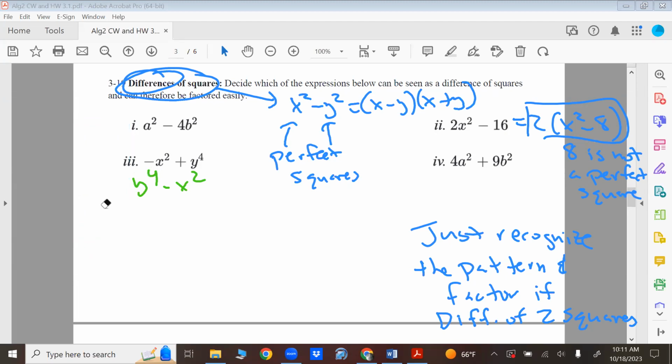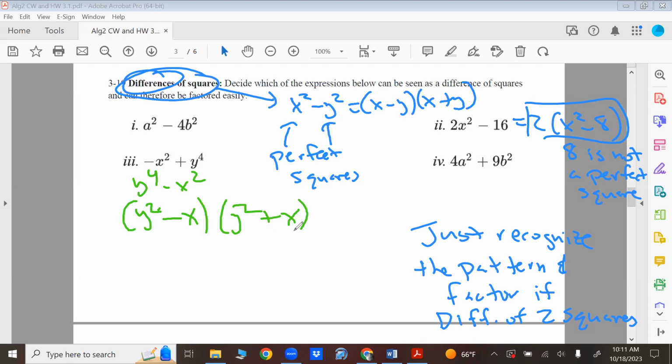Is this a perfect square? y to the fourth is a perfect square. You could write it as y squared minus x and y squared plus x. Because y squared and y squared gets you y to the fourth, x and x gets you x. So you can write it that way.